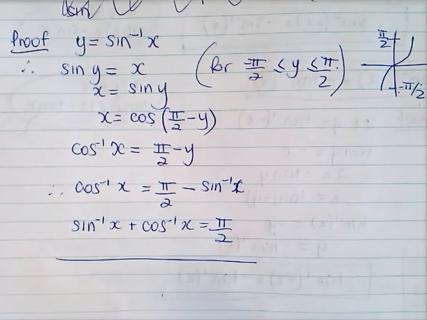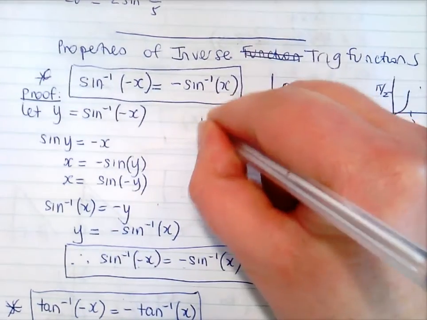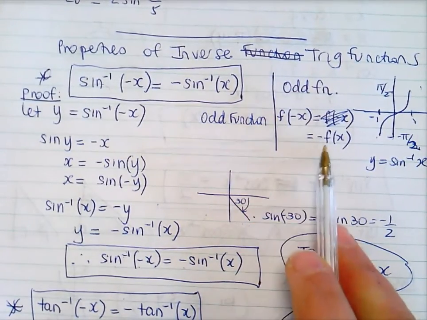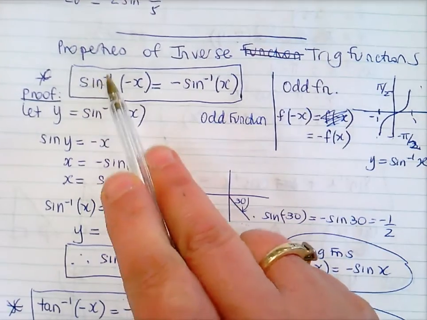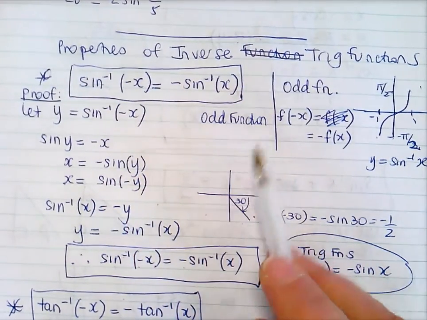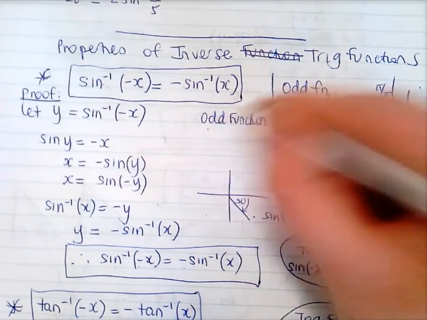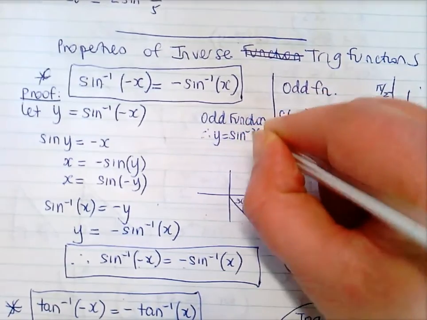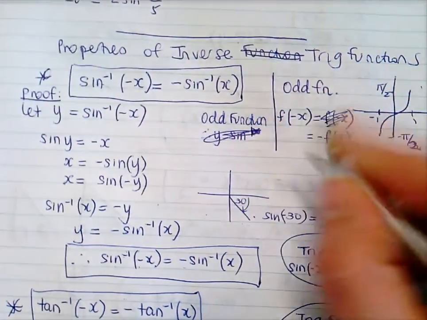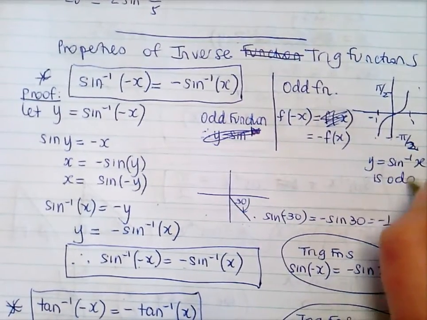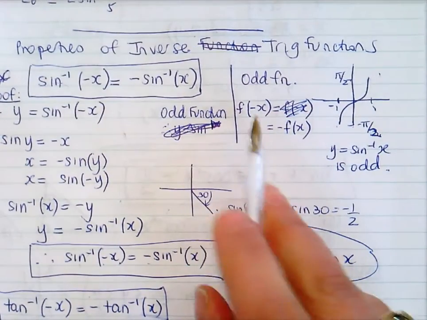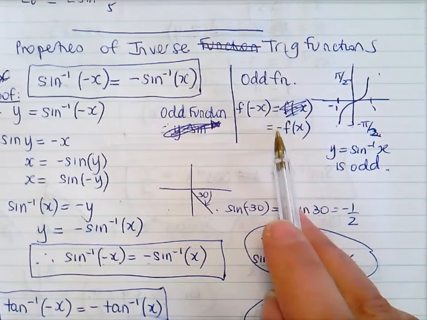You're often asked to do it with numbers, like with values. Note that the inverse sine function is an odd function, because function of minus x equals minus function of x.